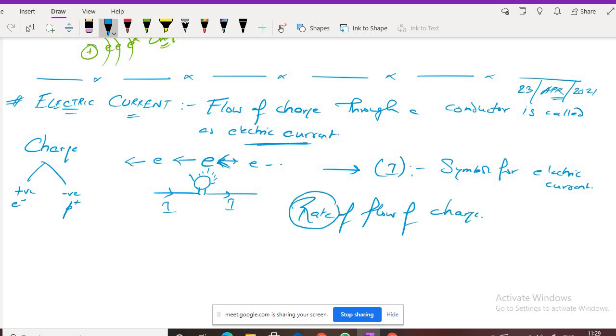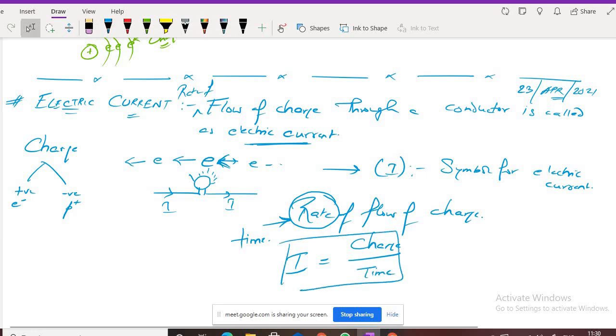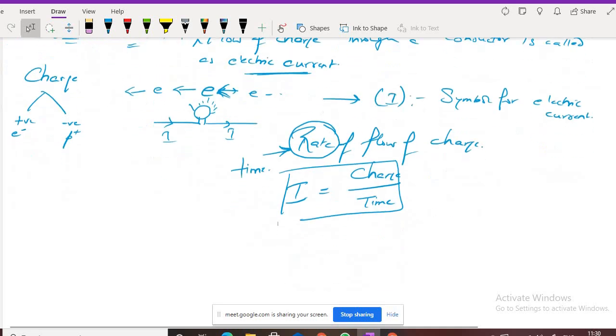Rate means whenever we are talking about something with respect to time, we call it rate. So rate of flow of charge through a conductor is called electric current, and we can write current I is equal to charge divided by time. So remember, I is equal to charge by time. I have given you the formula of electric current.